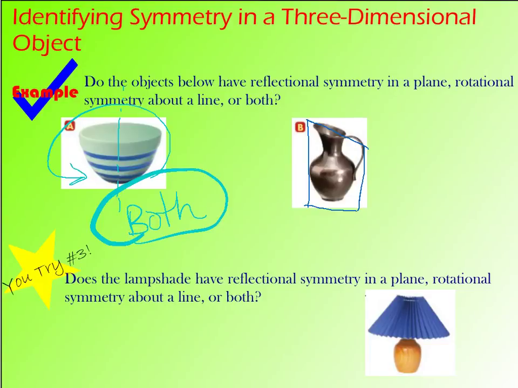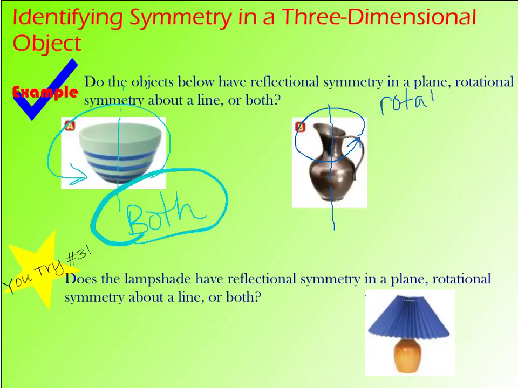In terms of rotational, there's no way that I can put a pencil through this thing and spin it and have it be the same. Like if I put a pencil up through the middle, right here, I can't spin it and have it look the same as it did before until it gets all the way around to where that handle is back to where it was again. And because that has to go all the way around, that can't be considered rotational symmetry.